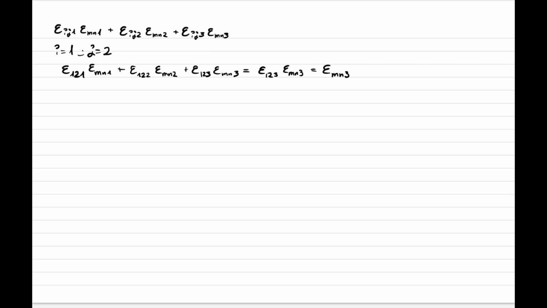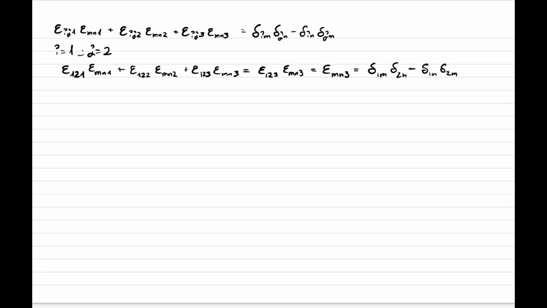And we have to check for the formula that this is indeed delta 1m delta 2n minus delta 1n delta 2m, because recall that this is in theory delta im delta jn minus delta in delta jm.